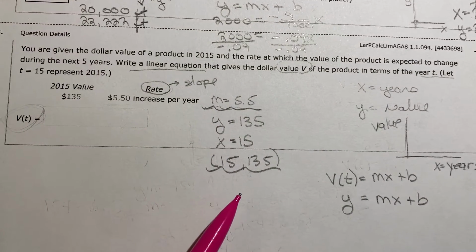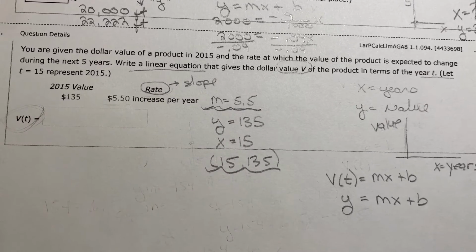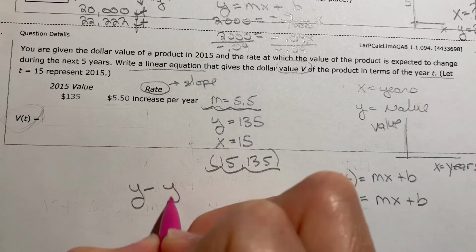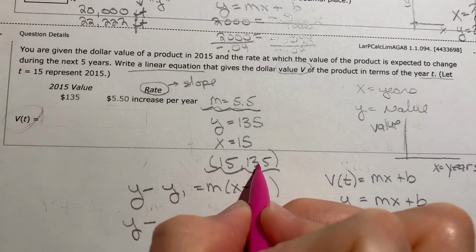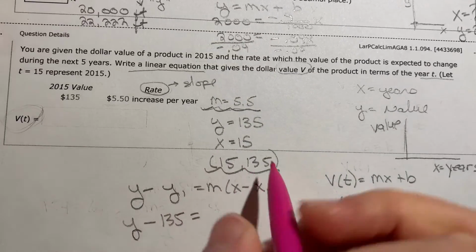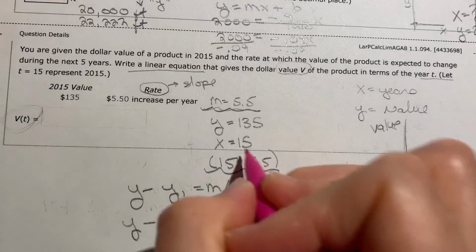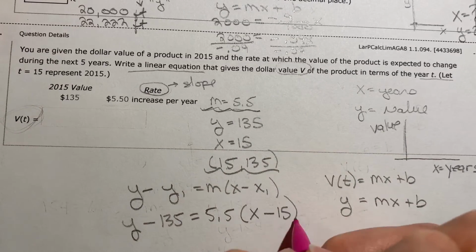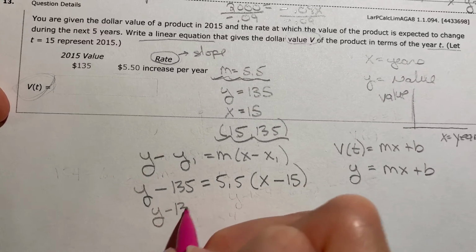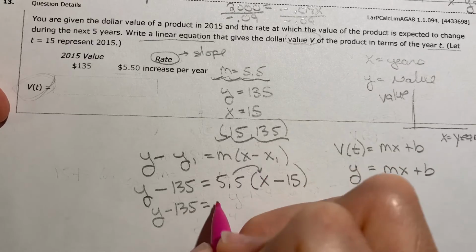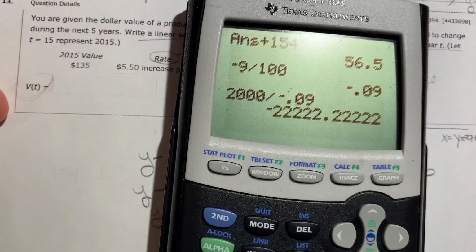So now we want to write an equation for this point and this slope. So I'm going to start again with point slope form. So y minus our y, which is 135, equals our slope, which is 5.5, times x minus 15, which is our x. So distribute that 5.5: y minus 135 equals 5.5 times x and 5.5 times 15.